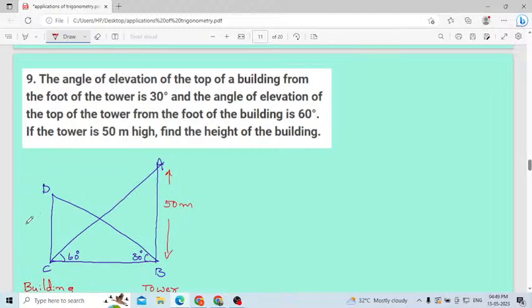You have to calculate DC. Interesting and also important problem. They have given the angles of elevation and the height of the tower, 50 meter. Then you have to calculate the height of the building.